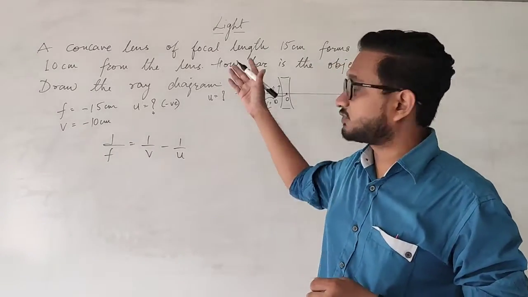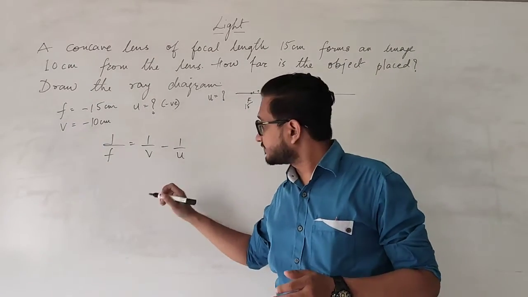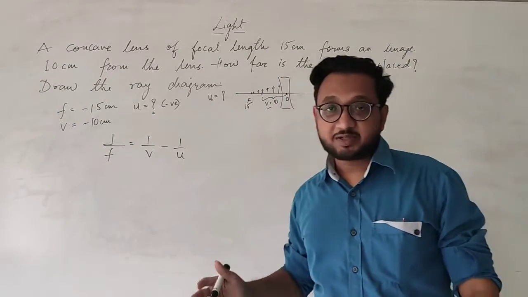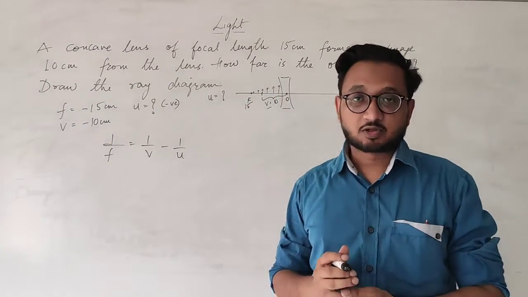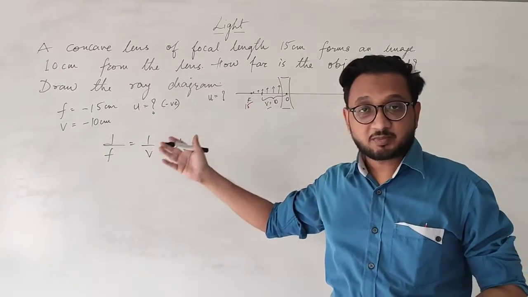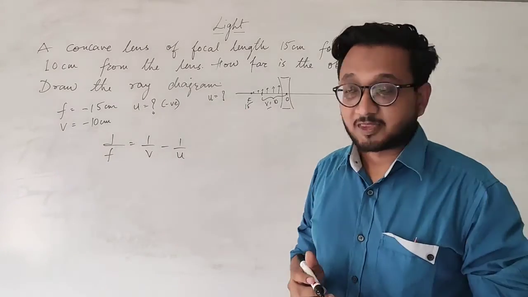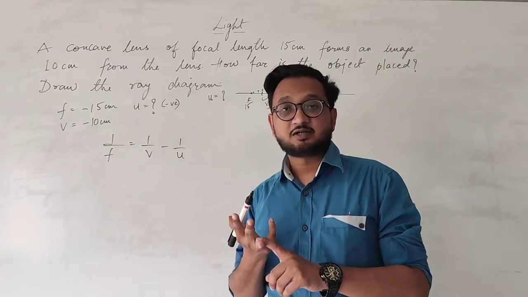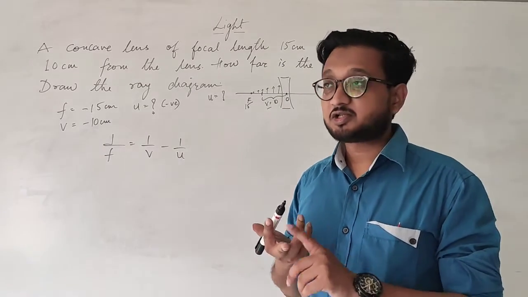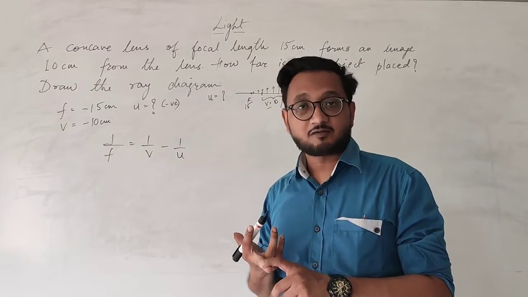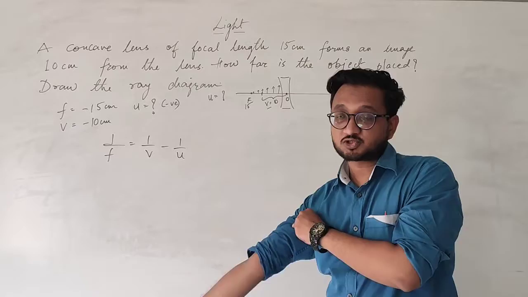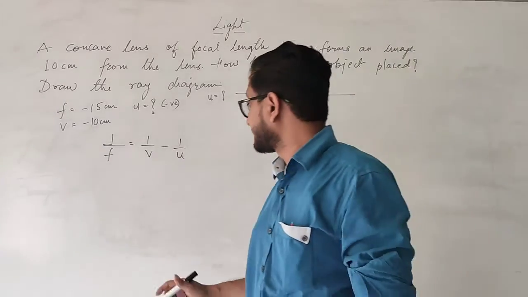If this type of question is asked, where you are just supposed to find the object or the image distance and just draw a ray diagram, it might be of 3 marks. So 1.5 marks for the diagram and 1.5 marks for the numerical. Because this is not a lengthy one, you don't need to find the magnification, you don't need to write the nature of the image, you don't need to write the height of the image. Because object height is not given, you don't need to find the image height.